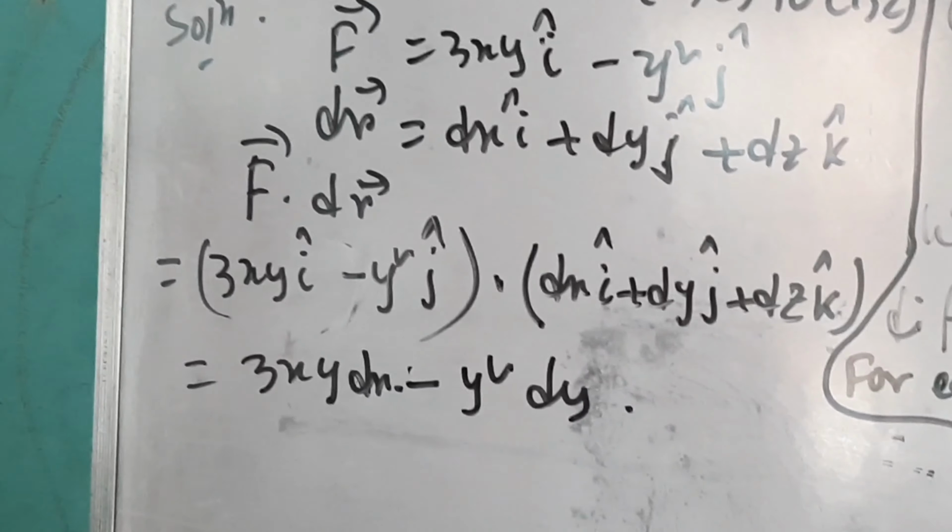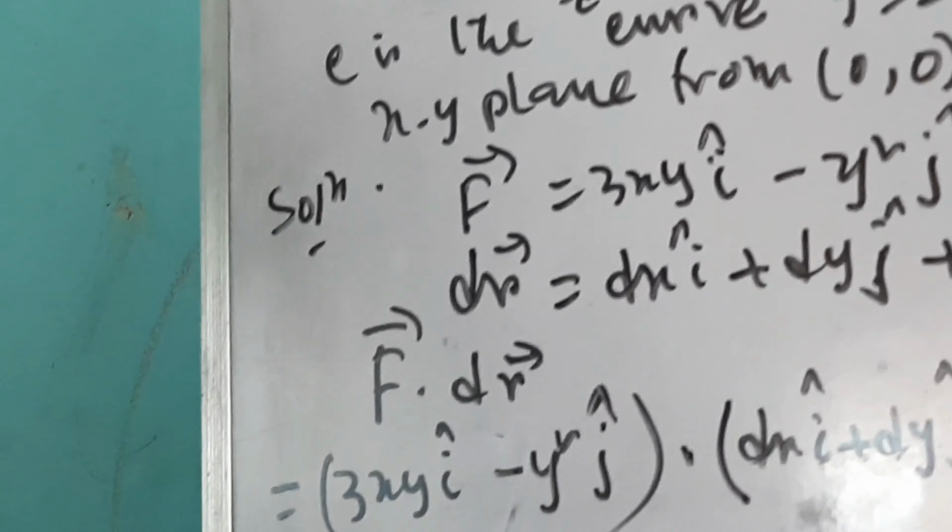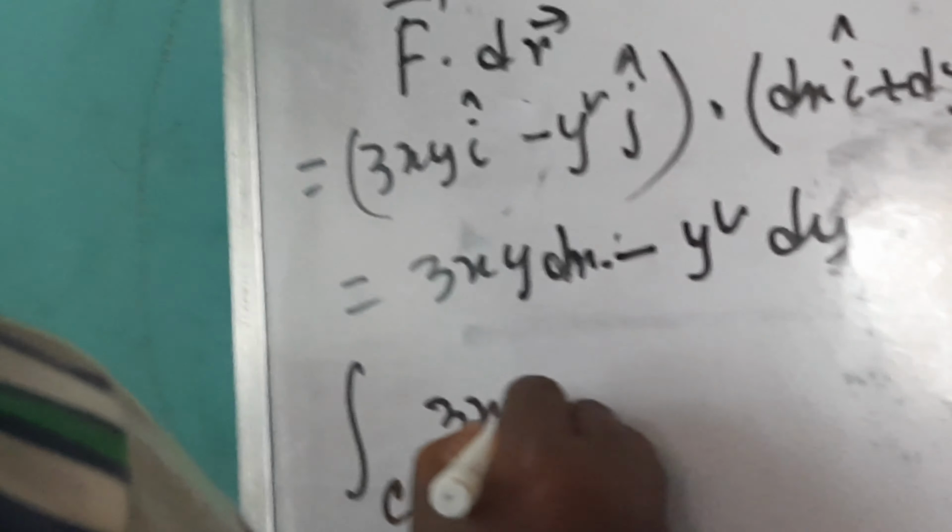This is actually F dot dr. Therefore, the integral over C of F dot dr is the integral of 3xy dx minus y squared dy. This you have to find.